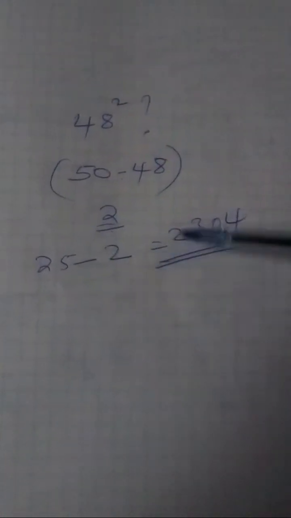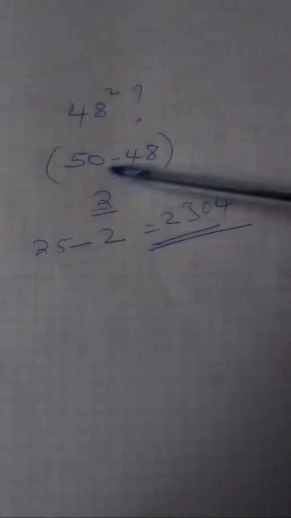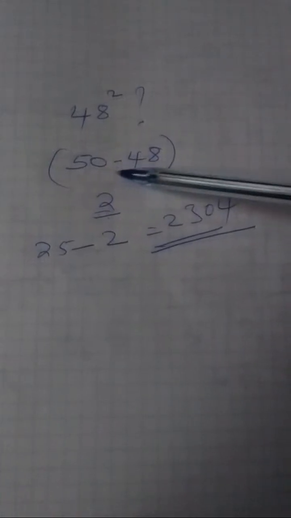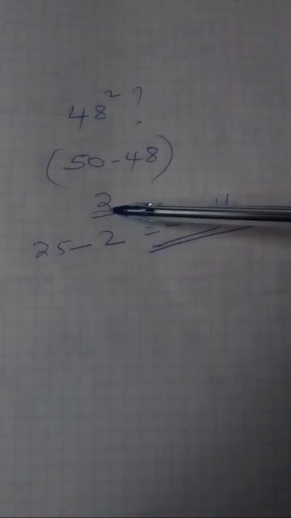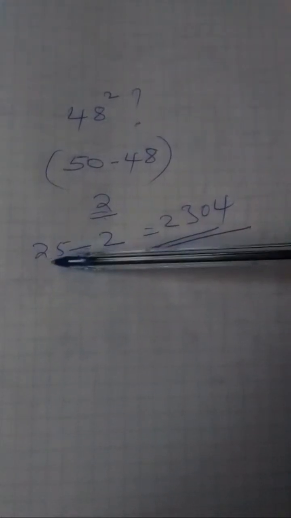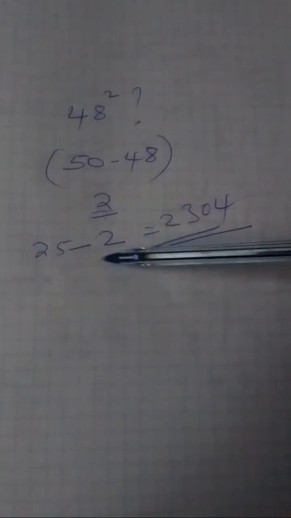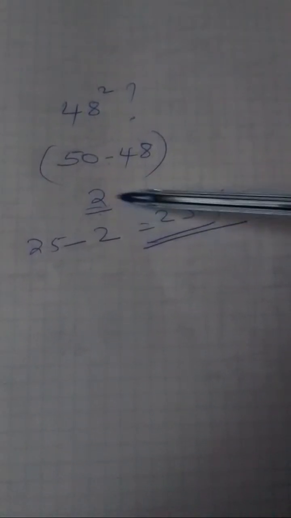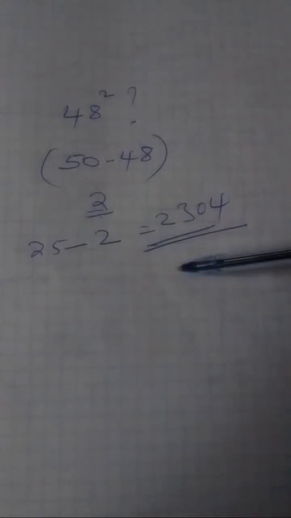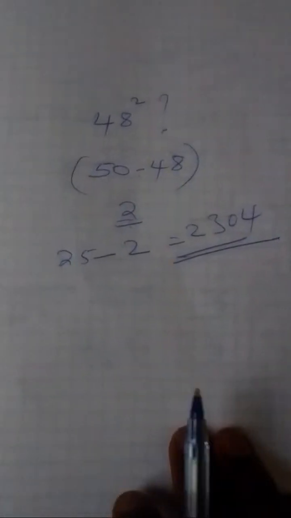With them, you just take 50, that is the bigger number, then you subtract 48 from it, then you get 2. Once you get 2, you subtract 25 from 2. When you subtract 25 from 2, you shall get 23. Then later on you square 2, and 2 squared is 4. So just say 04.